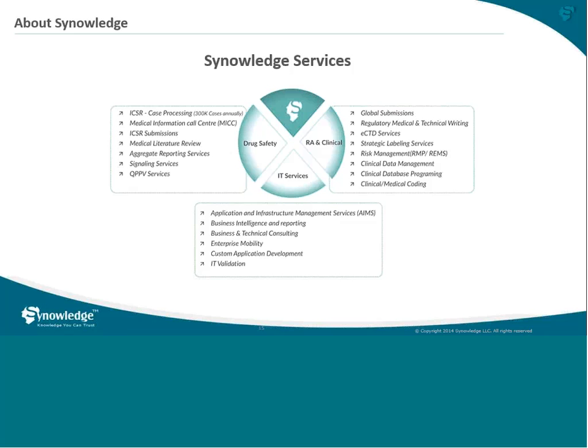On the next slide, we can see that specifically this includes upgrading their safety system to support E2B R3, and this can involve reorganizing the company product dictionary to adhere to IDMP. As we heard in the presentation, SOPs can be affected, so we work with organizations to get these up to date. These new processes may also affect work manuals and the PV business continuity plan. These are all areas where Synowledge can help. We also conduct user training for new changes and validate the new system.